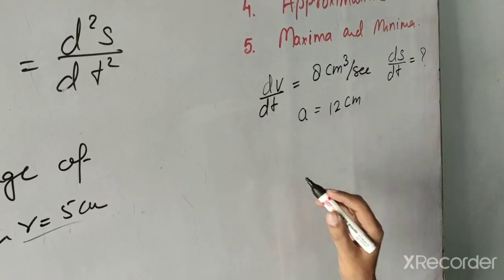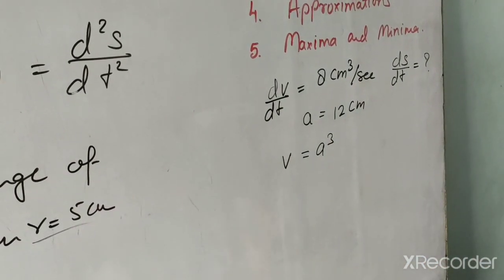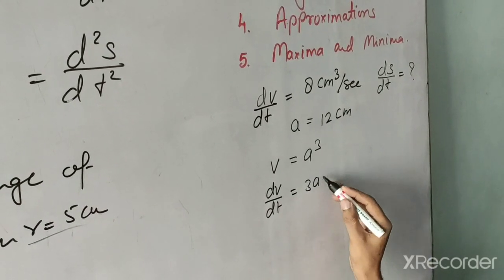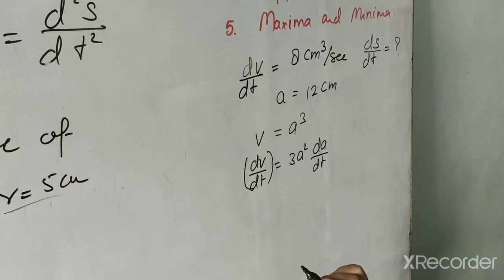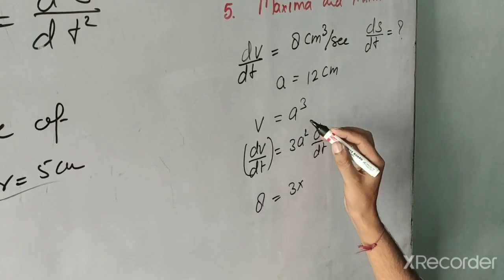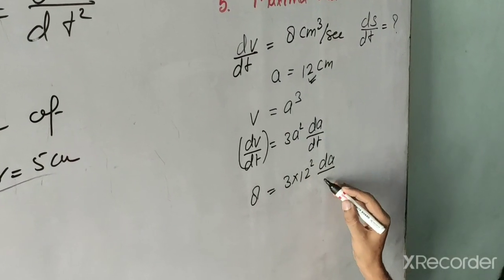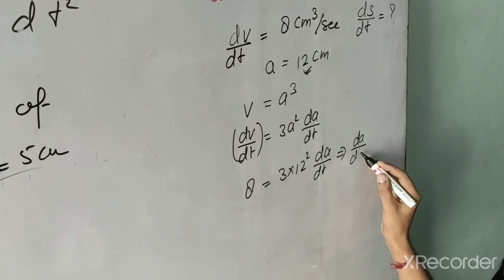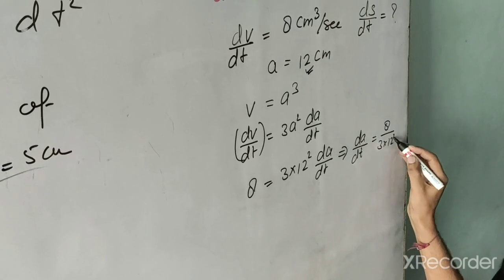So first of all, volume of the cube is a cube. Now dV on dt will be equals to 3a square dA on dt. dV upon dt is given as 8, which equals 3 into a, given as 12, square, dA on dt. That implies dA on dt will be equals to 8 upon 3 into 12 square.